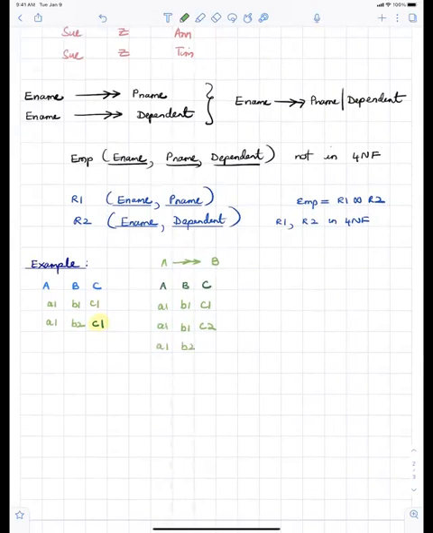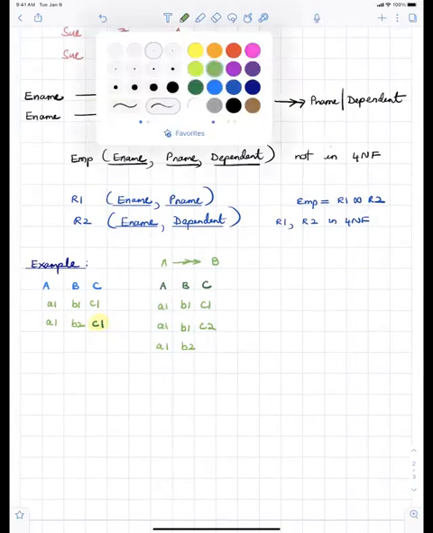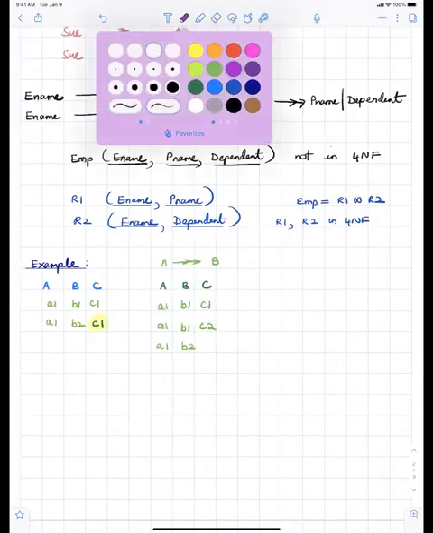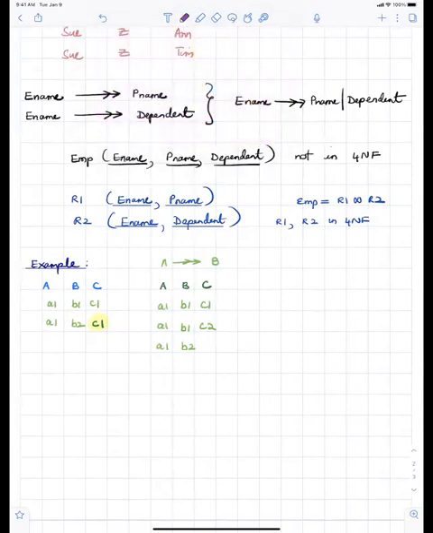If you're given that A multi-value determines B, even if you don't have the rest of the data, you know that the following information has to be filled in. So you have to enter the following information, given that A multi-value determines B.